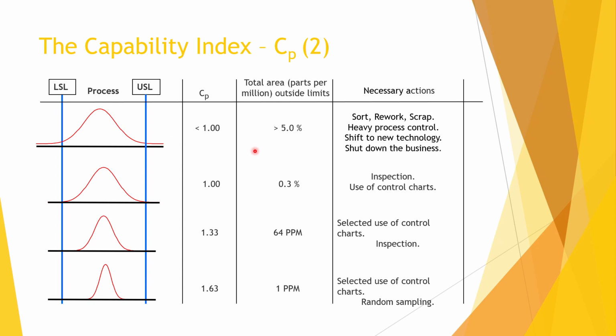So when you conduct your capability analysis, it's going to give you a CP number as part of the output. In this example right here, CP is less than 1.0. Total area, parts per million outside limits, is greater than 5%. I do not like this at all.